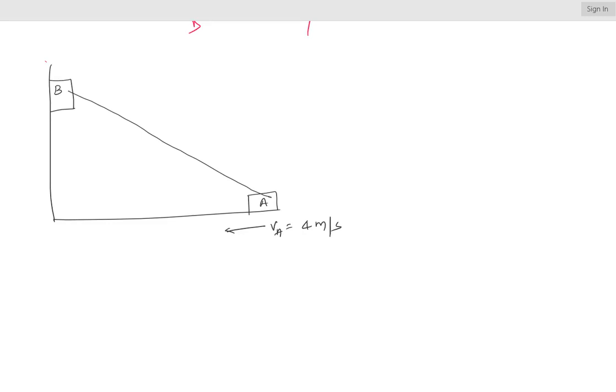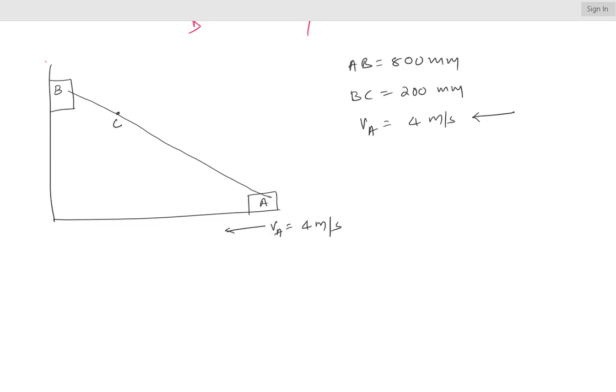We know that this AB is 800 millimeters. There's a point C such that BC is equal to 200 millimeters. Of course, we know VA is 4 meters per second moving towards the left.